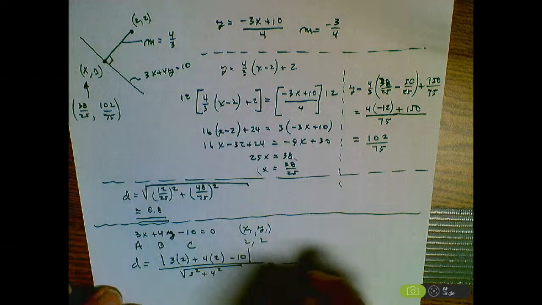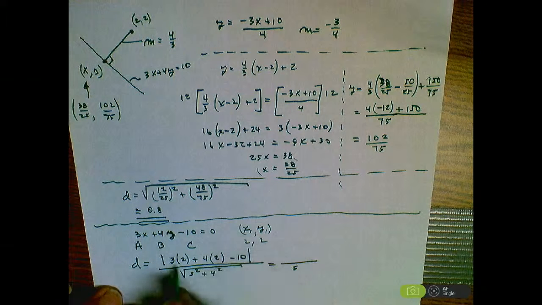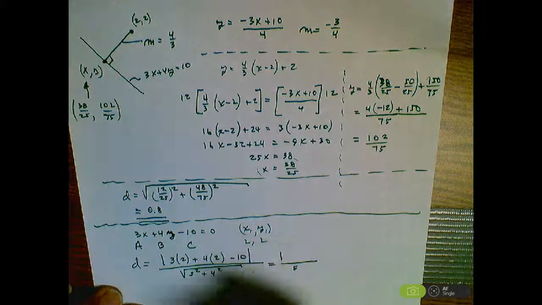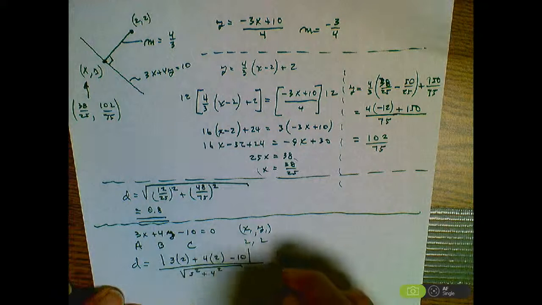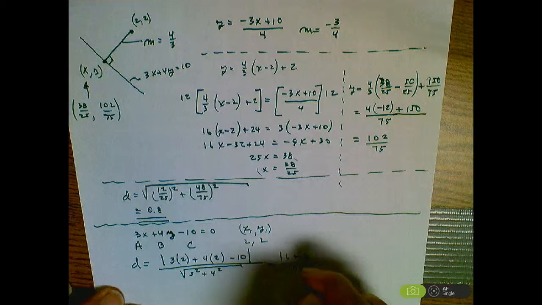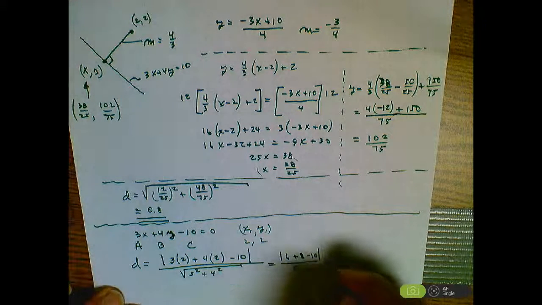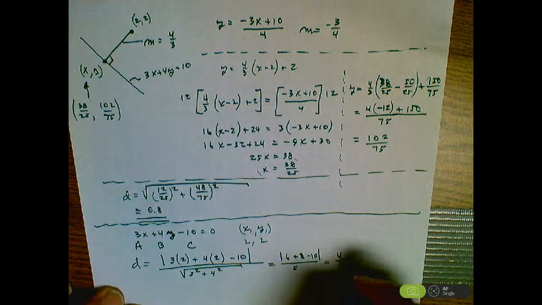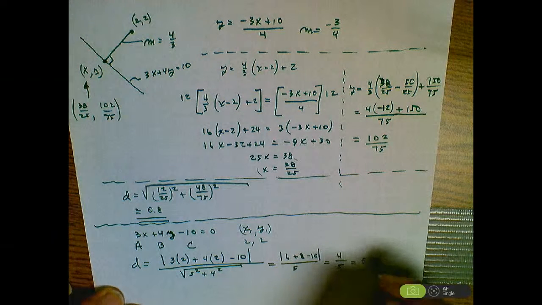So I've got something over 5. Here I have the absolute value of 6 plus 8 minus 10, which is 14 minus 10, which is 4 fifths, which in fact is 0.8.